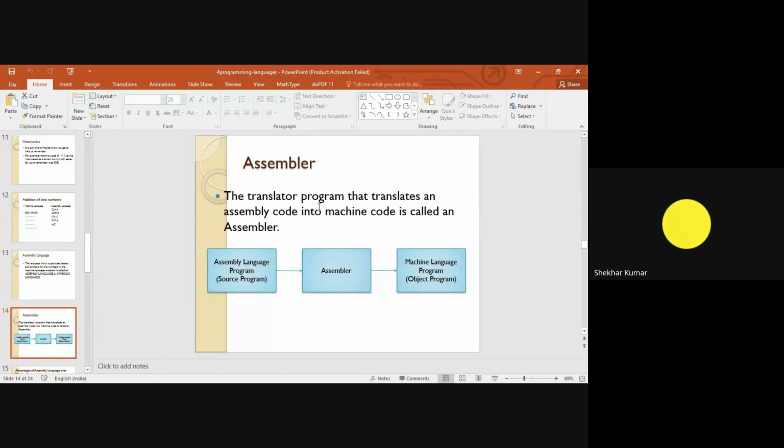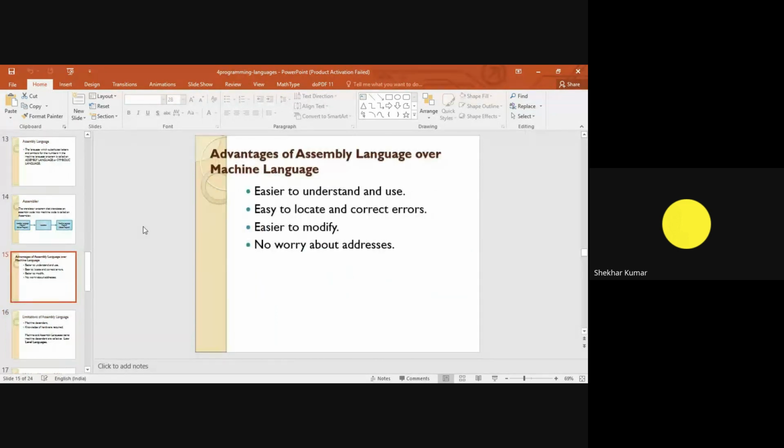There are some advantages and disadvantages of assembly languages. These are some advantages of assembly languages over machine level language. It is easy to understand and use compared to machine level instructions.